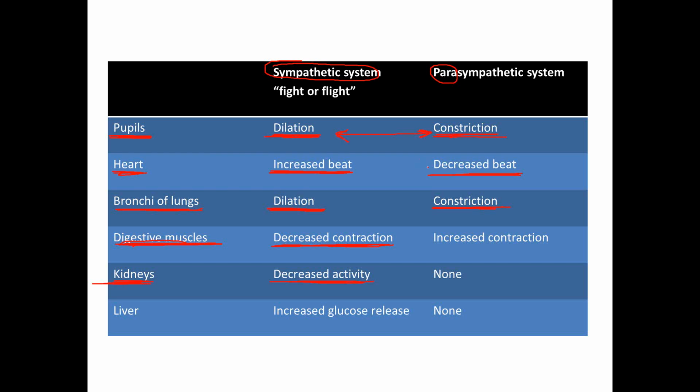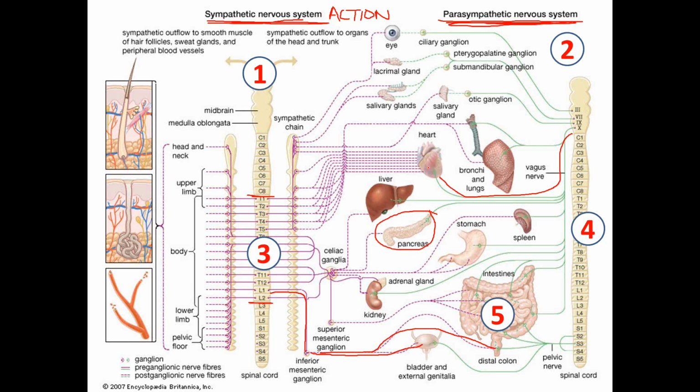So that's why, if we go back, each of the organs and tissues, something like the lungs, the heart, the stomach, the kidney, are all wired up to these two parts of the autonomic nervous system so that they're in balance.